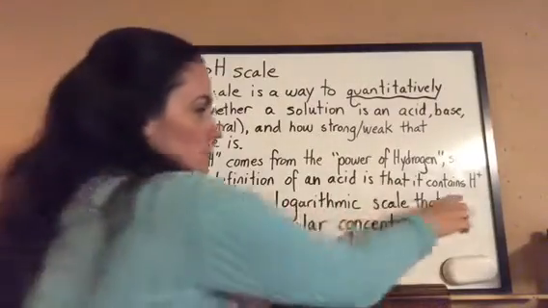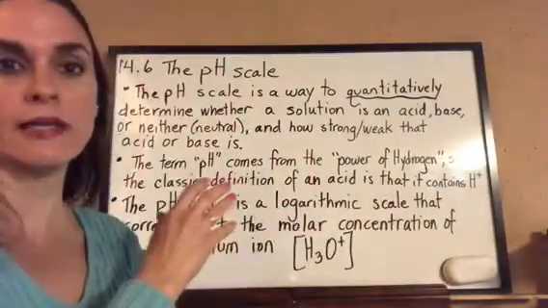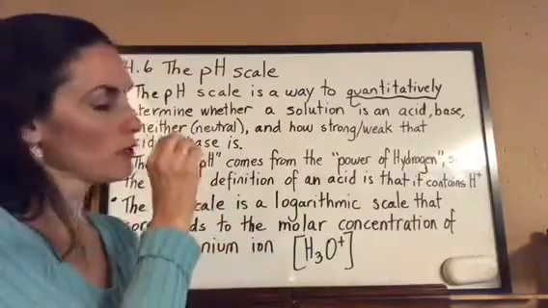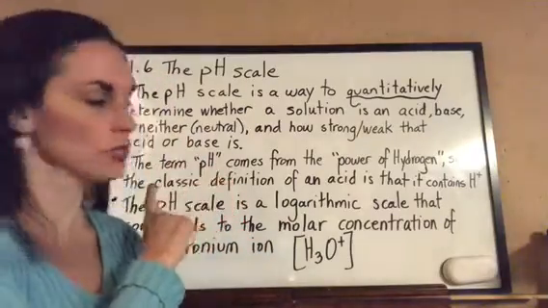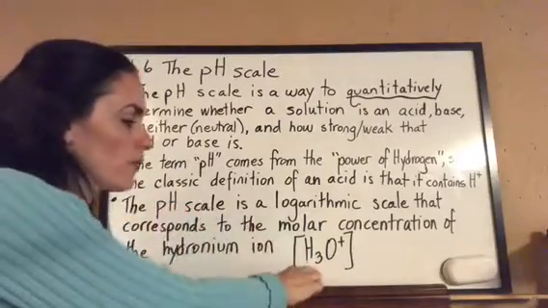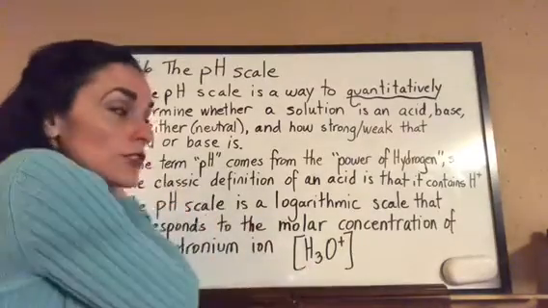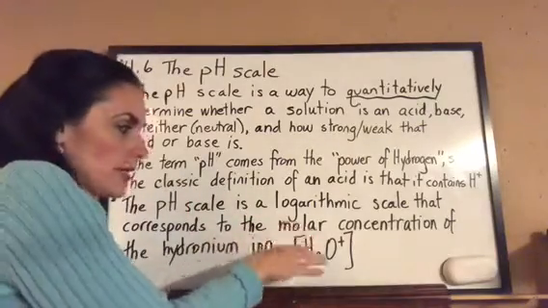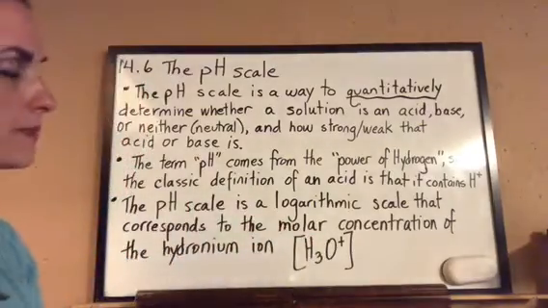Now, hydrogen ion does not stay as plain old hydrogen ion in an aqueous solution. It will bond to a water molecule, as we just saw in the previous board, and form the hydronium ion. So you are determining with the pH what the molar concentration of the hydronium ion is.